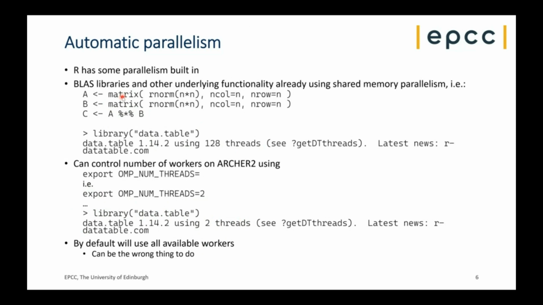You can control the scale that it works at. And if that's the kind of underlying functions you're using a lot of, then you may not have to go to any of these more explicit levels of parallelism. It probably makes sense to play around a little bit with controlling the number of workers you give to R. Instead of letting it use 128 workers on a single compute node, try 16 workers and see if that gives you the same or better performance.